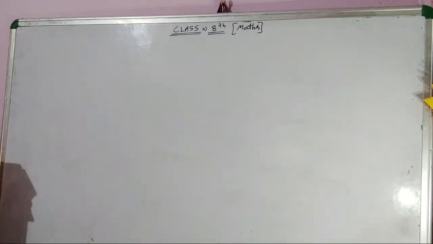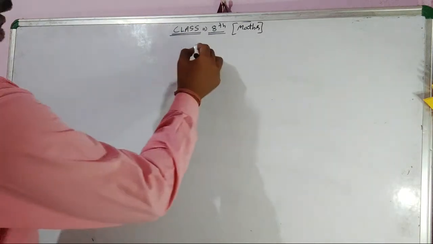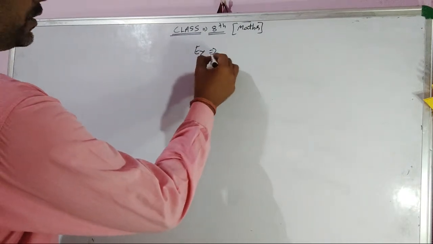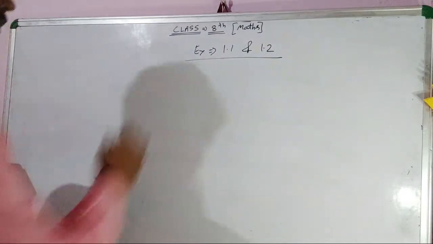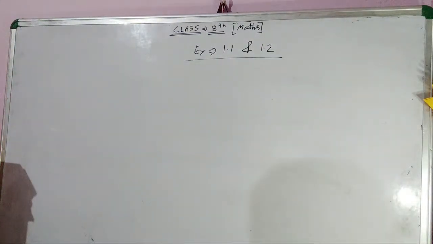So now I request you to solve exercise 1.1 and exercise 1.2 on your classwork copy, right? I have explained all the related questions which are given in exercise 1.1 and exercise 1.2.